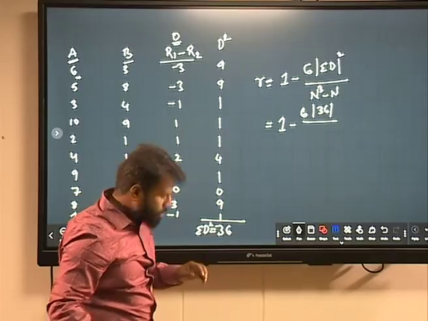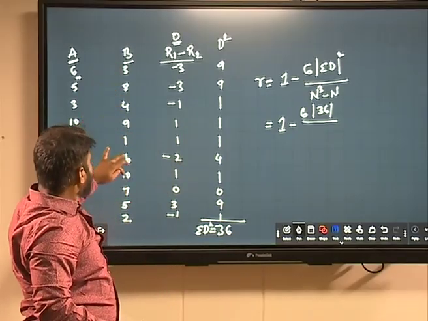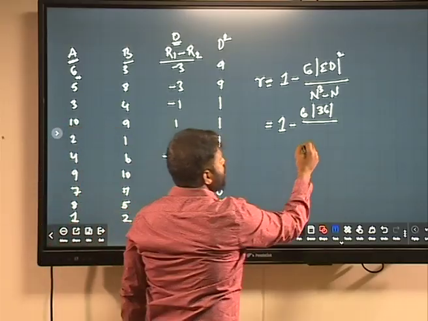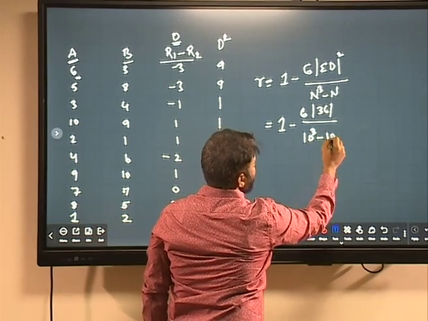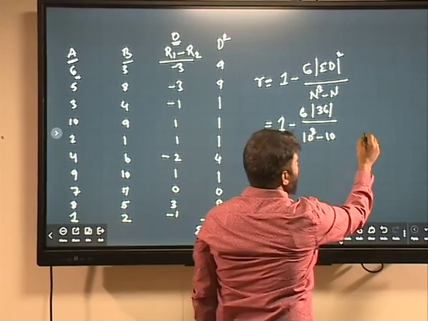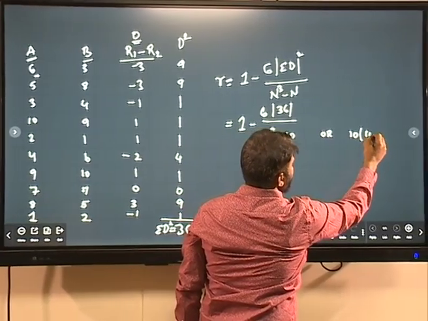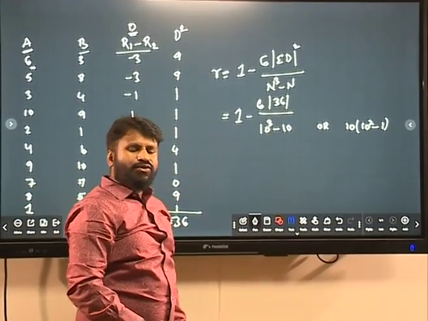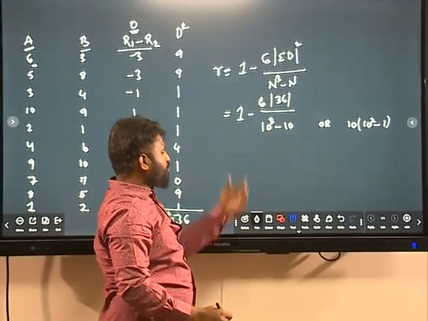Counting 1, 2, 3, 4, 5, 6, 7, 8, 9, 10, there are 10 variables in total. So you can write 10 cube minus 10, or instead write 10 into 10 square minus 1. You can use either, and you will get the same result. I am following this one.